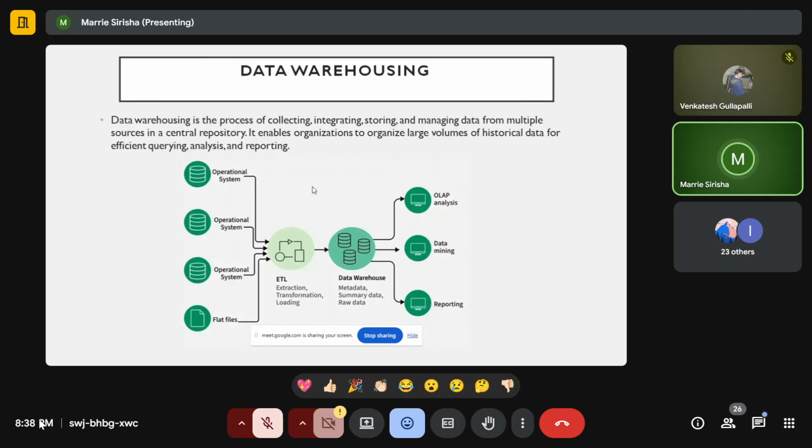Okay, we are collecting data from multiple sources, and we are storing it in the central repository. So what it does, it enables the organization to organize large volumes of historical data for efficient querying, analysis and reporting.